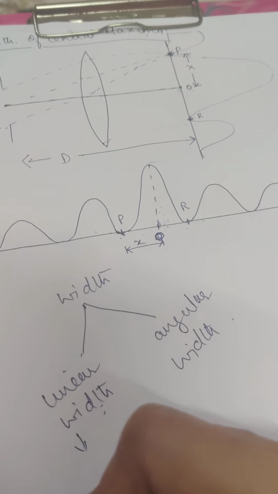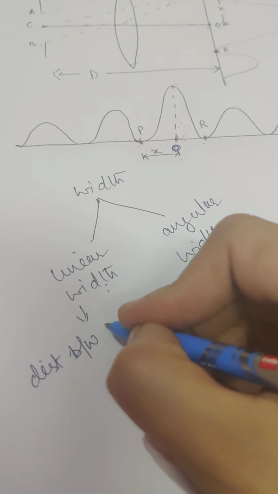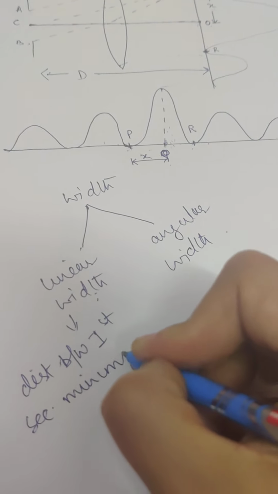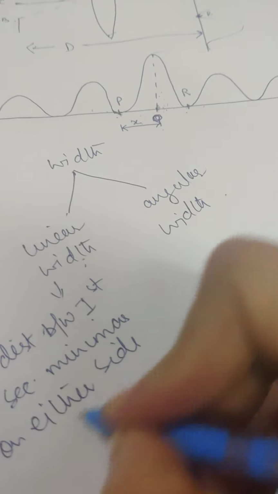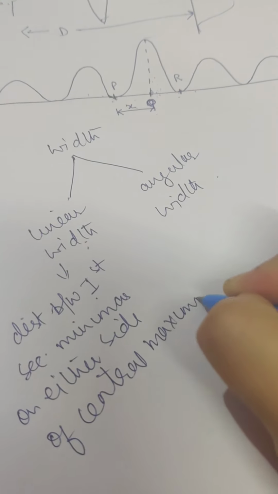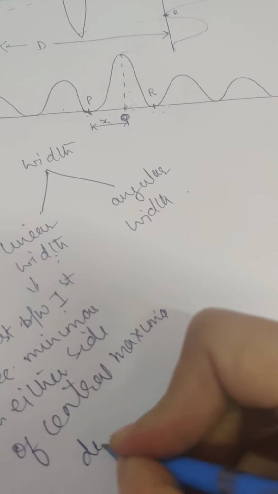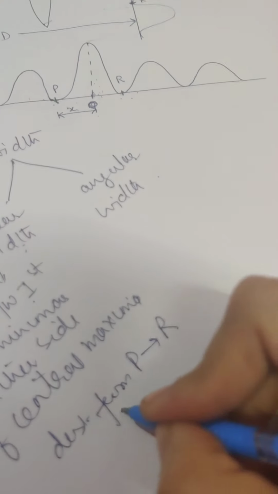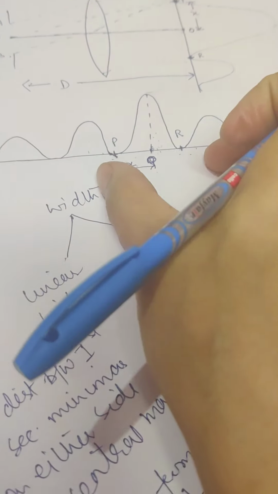So linear width is the distance between the first secondary minima on both sides of the central maxima. This distance from P to R gives me the linear width of the central maxima.